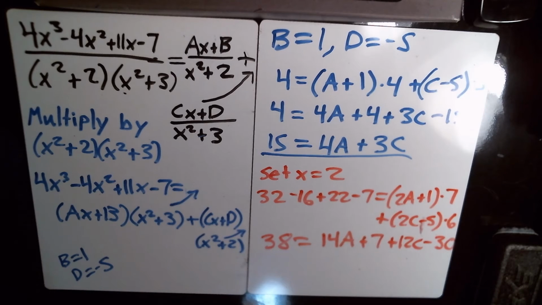And then we'll just simplify a little bit more. So when I subtract over the 7, I get a 31 over here, and then add over the 30, so we're going to get 61 is equal to 14a plus 12c. I believe, if I did not make a mistake somewhere.